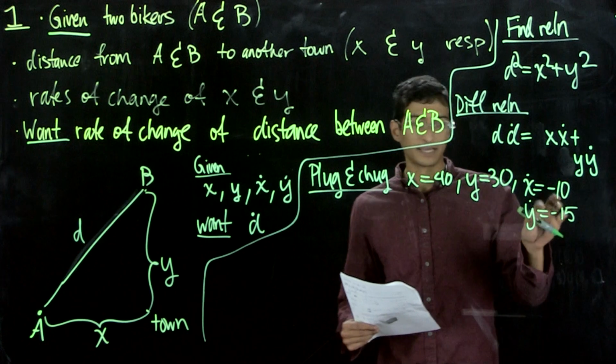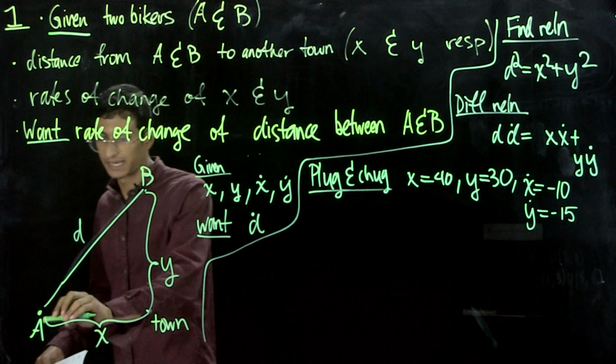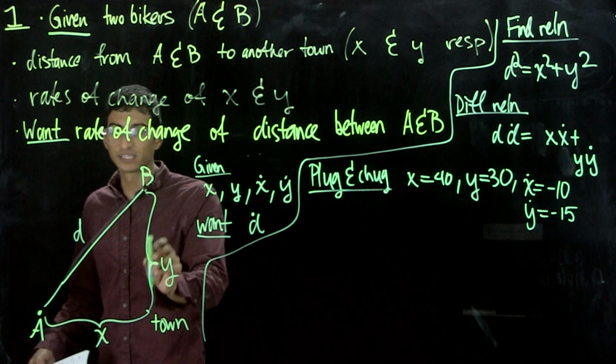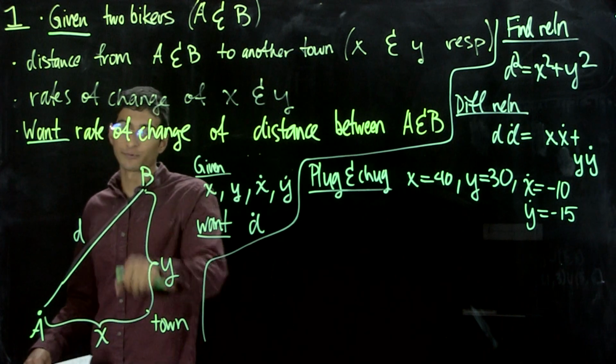And I write down negatives because in this problem we were given that A is moving like this, B is moving like this, so that corresponds to decreasing x and y.